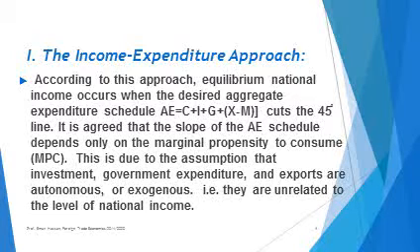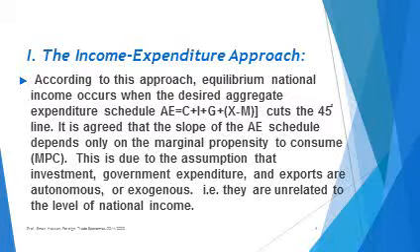The first one of them is the income expenditure approach. According to this approach, equilibrium national income occurs when the desired aggregate expenditure schedule AE, equals C plus I plus G plus X minus M, cuts the 45-degree line.